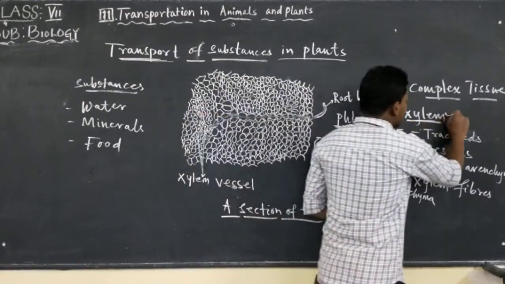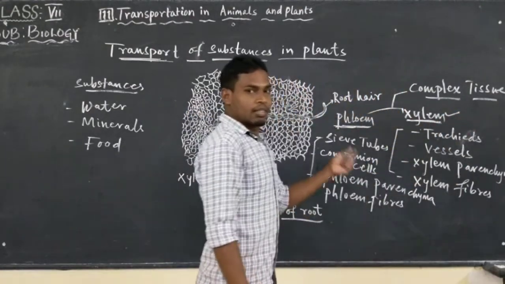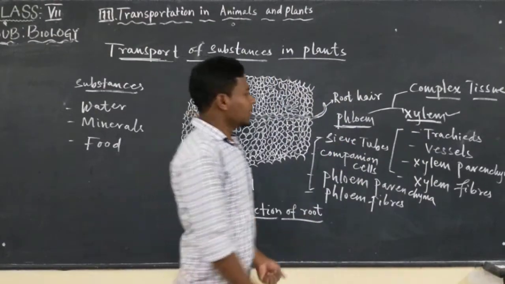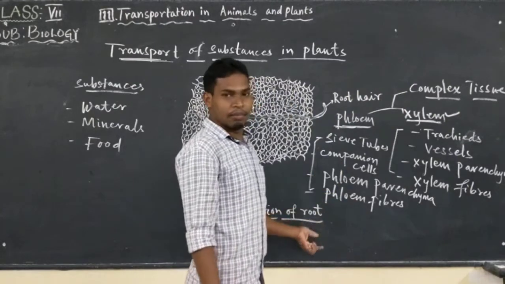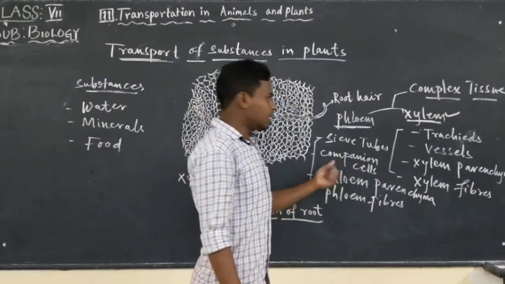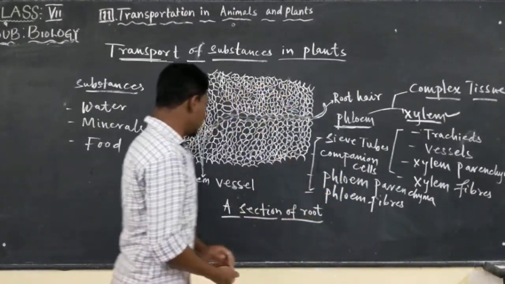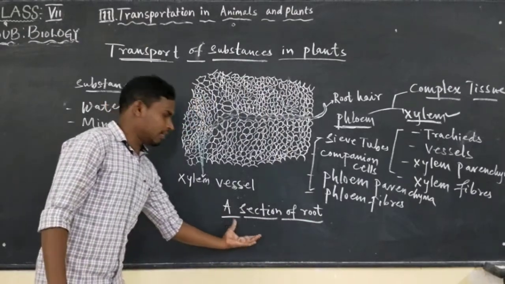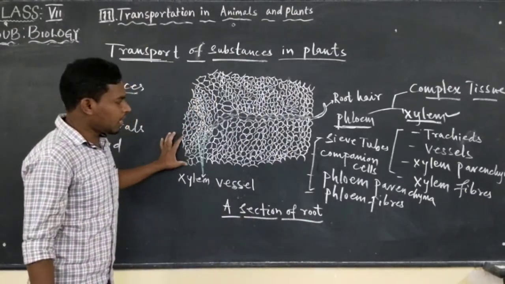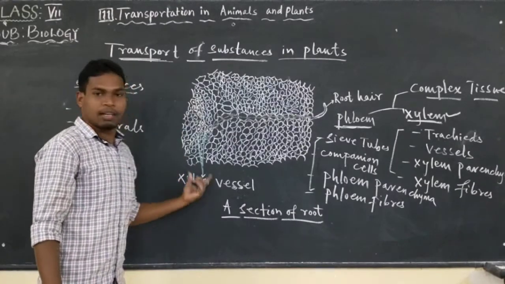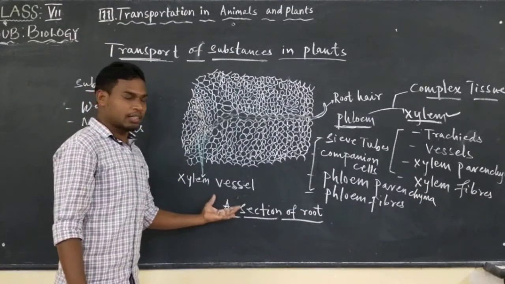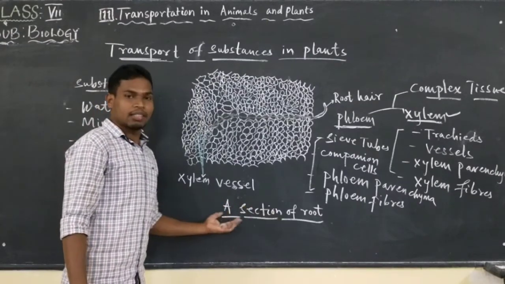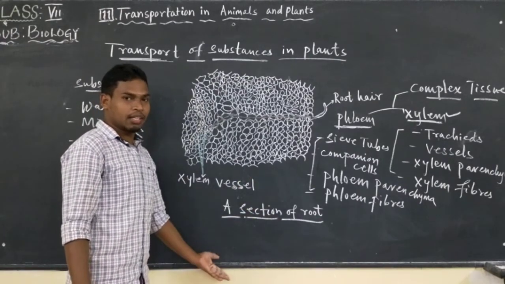Xylem not only carries water, it also carries minerals dissolved in the water. Here you can see the section of root. It has xylem vessels, which are pipe-like narrow structures that carry water and minerals from the ground.